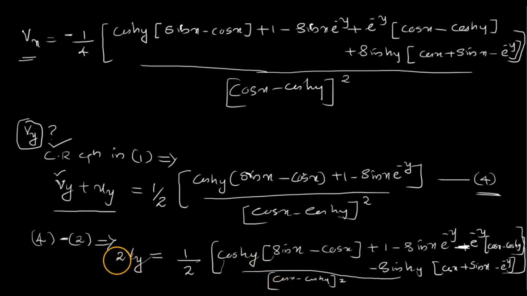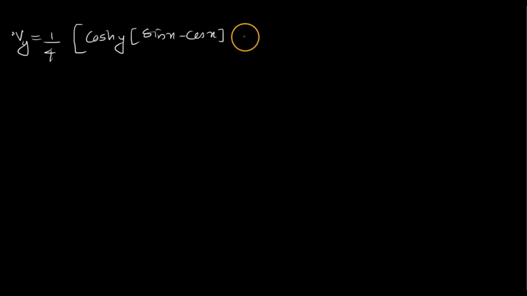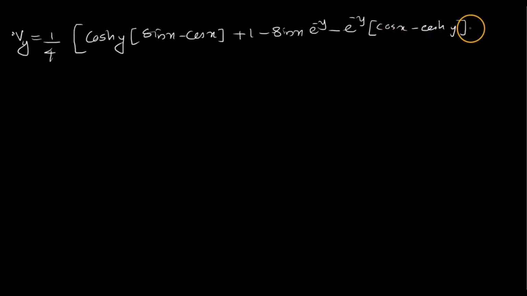Take this 2 here, so Vy equal to 1 by 4 into cos Hy into sin x minus cos x plus 1 minus sin x e raised to minus y minus e raised to minus y into cos x minus cos Hy, minus sin Hy into cos x plus sin x minus e raised to minus y.